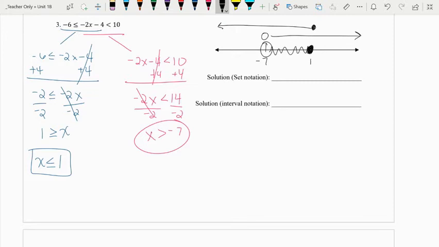So that would be between them. Our set notation: x such that x is between -7 and 1. Interval notation, farthest left is -7, farthest right is 1, and 1 is included, so it's a bracket.